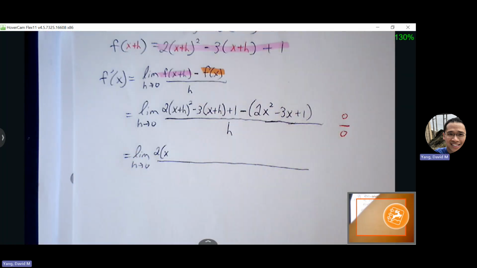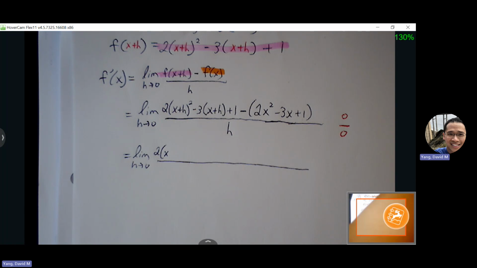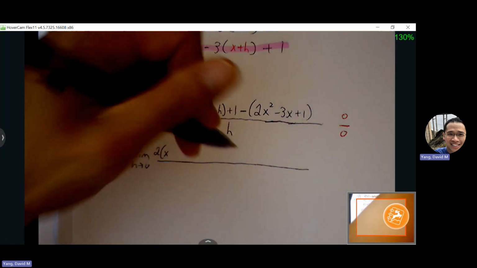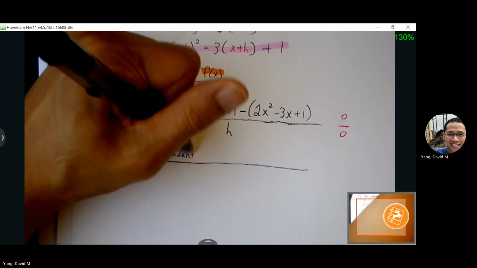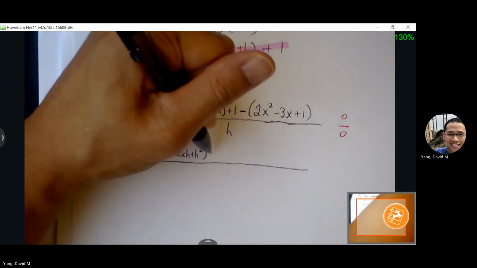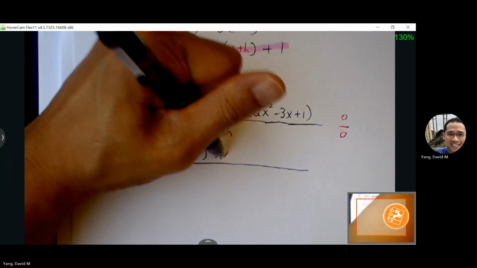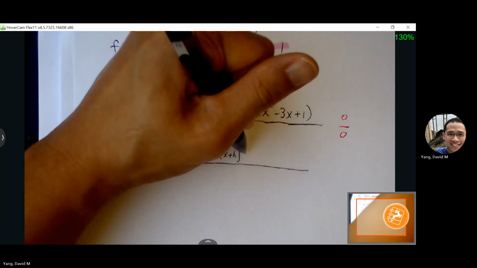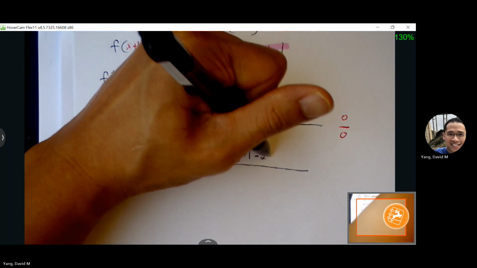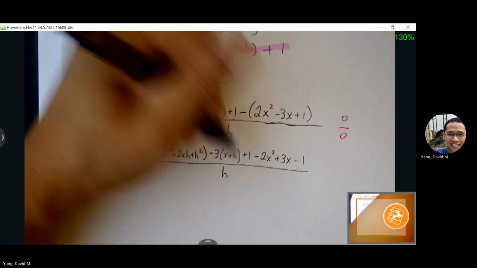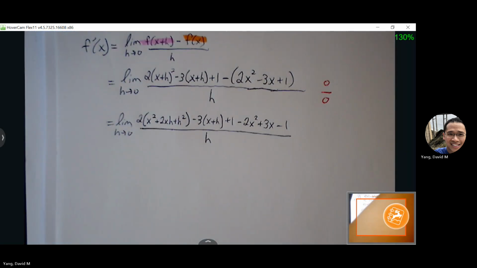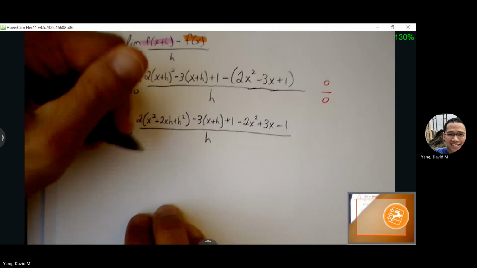We know x plus h squared is the same thing as x plus h times x plus h. So we've got to make sure we FOIL. Continue cleaning up.